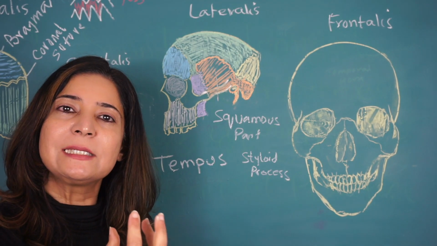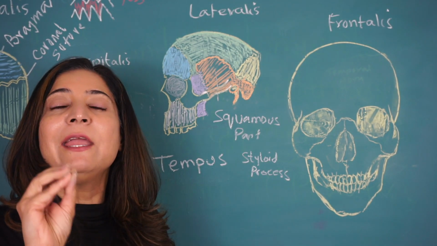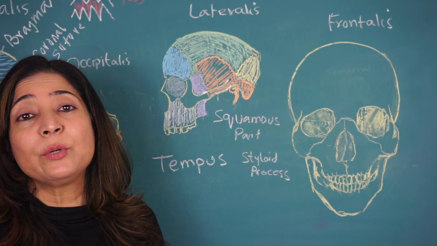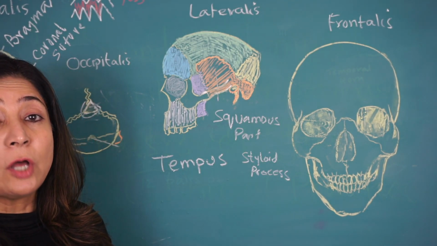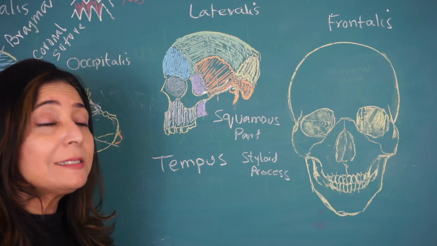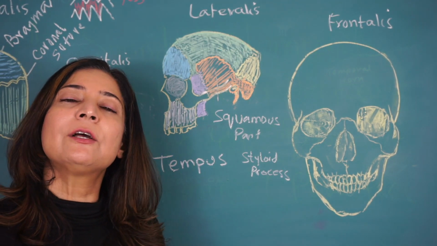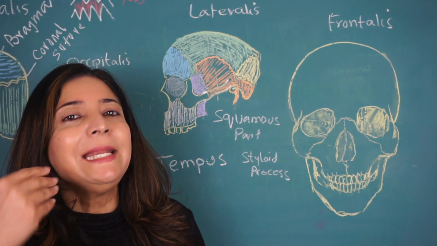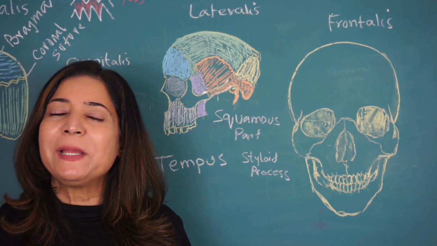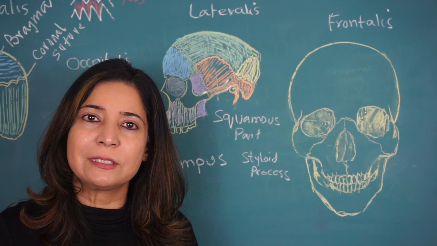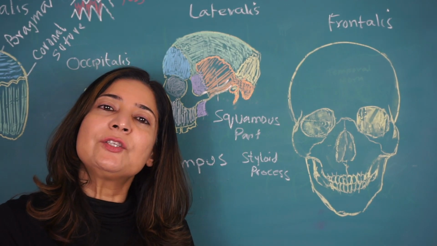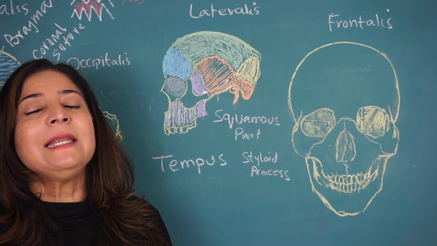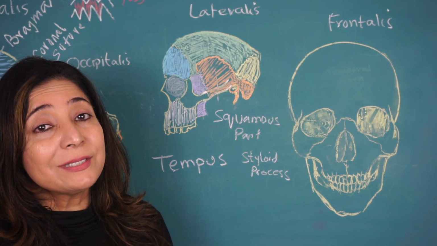And this process is hollow from inside, air-filled spaces. The clinical relevance of mastoid air-filled spaces is sometimes in case of middle ear infection, because the mastoid process is related to the ear cavity, especially the middle and internal ear cavities. Okay, so the infection can spread to the mastoid process, and it can infect the mastoid air cells.